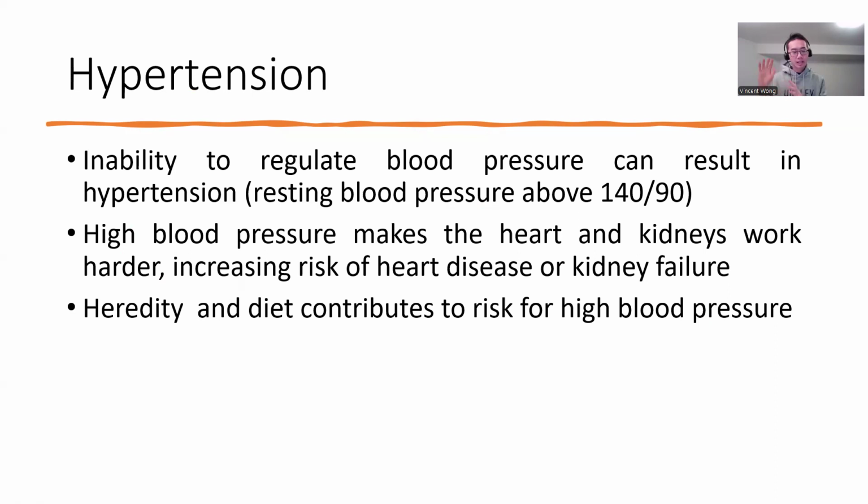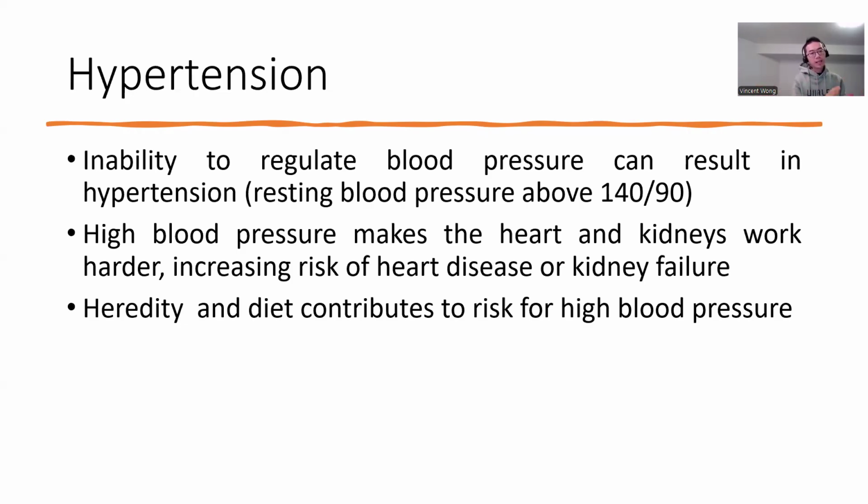We'll learn about these things later on in the course. But when those mechanisms are not enough, then the person will have consistently high blood pressure. And even when they're resting, just lying down, if their blood pressure is higher than 140/90, that's called hypertension, and it requires medication to control it.